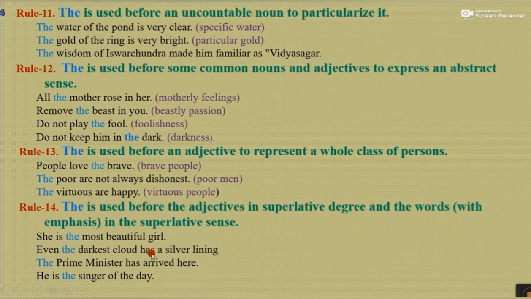Even the darkest cloud has a silver lining. The Prime Minister, emphasis is there, the superlative sense. So the is used before Prime Minister. The Prime Minister has arrived here. He is the singer. The is used before singer, superlative sense.